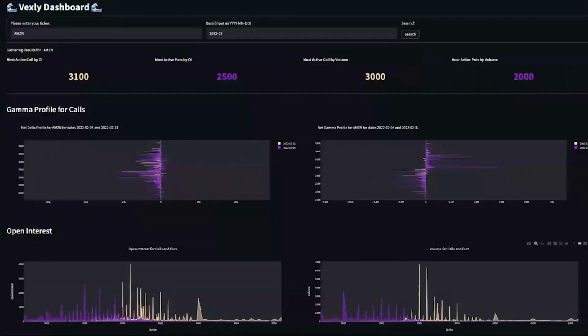Yeah, sort of. With the flipping of gamma going from positive to negative, usually what happens is, you saw the profile before, right?